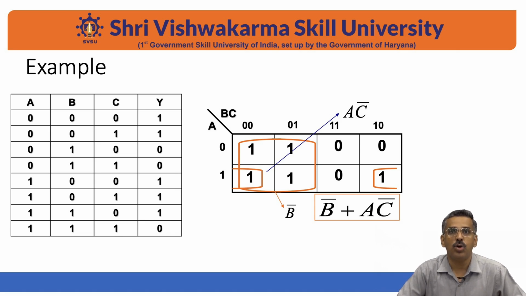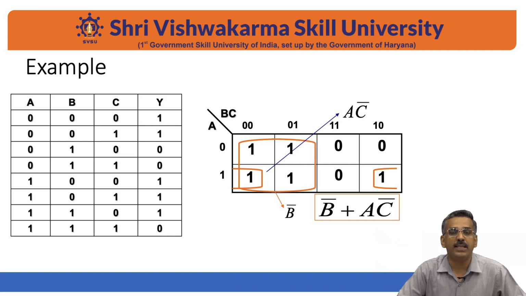Now we have to look at another grouping. In this case, we can prepare one group from end to end positions, which is represented like this. Again the value of A is unchanged and the value of C is also unchanged, while the value of B is changing from 0 to 1.